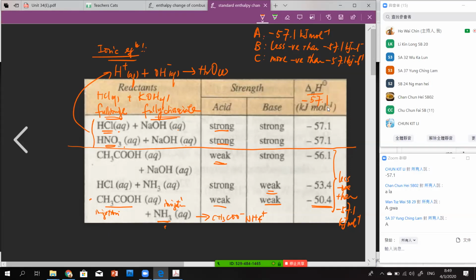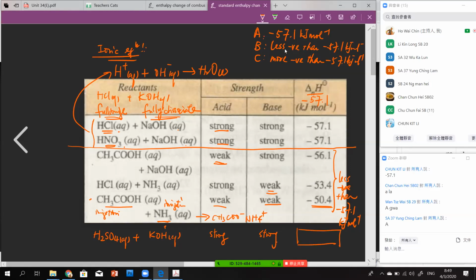Now, I'll give you one more chance. What will happen if I talk about this one? What is the delta H of the neutralization for this case? Now, you know that it is a strong acid, strong alkali combination. So what is this one?